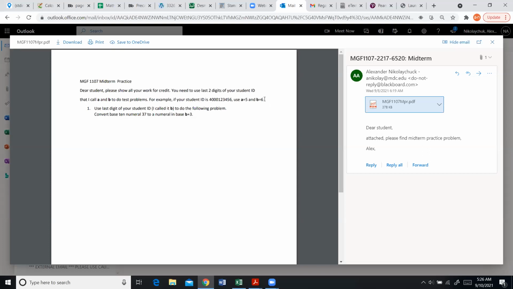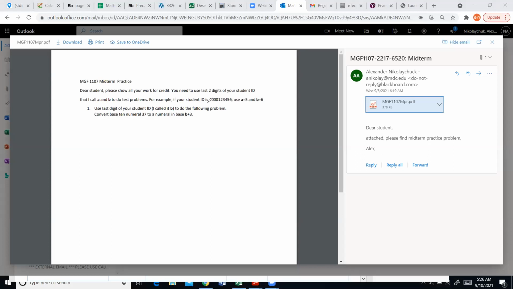Okay, sounds very good. So I'm going to use 7. So if you have your student ID, I will ask you to use last 2 digits of your student ID for the midterm exam, as well as for final. And that's the reason why I sent it to you a little bit earlier, so you understand better what this all means.